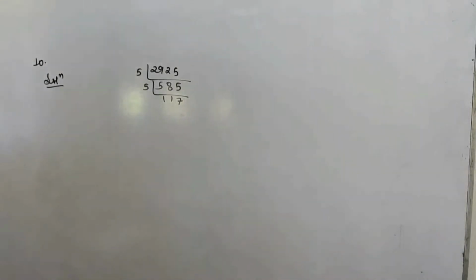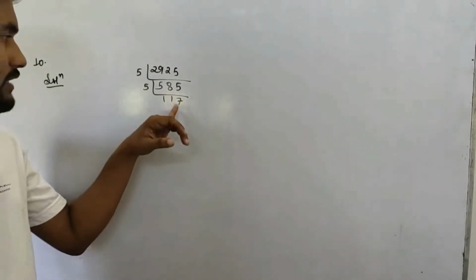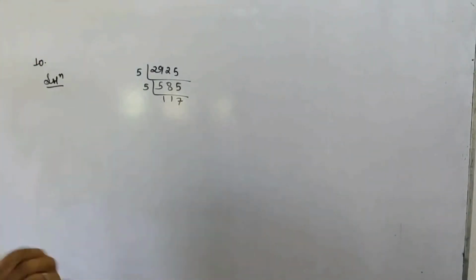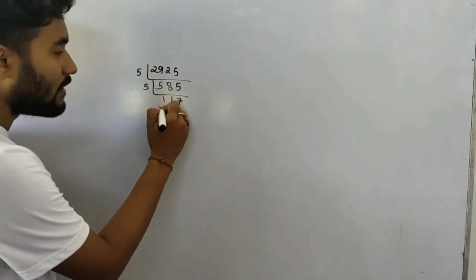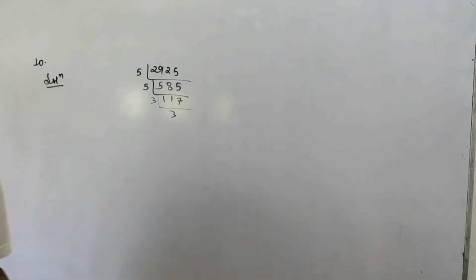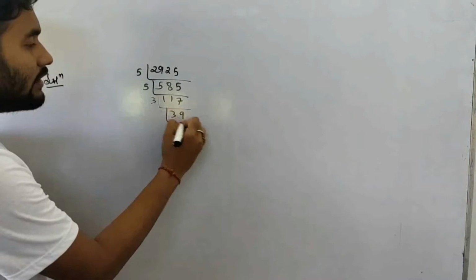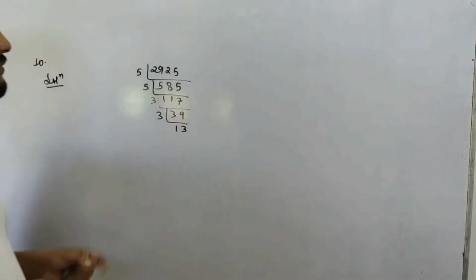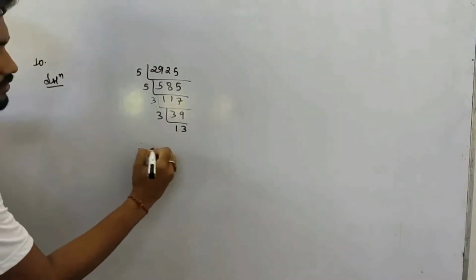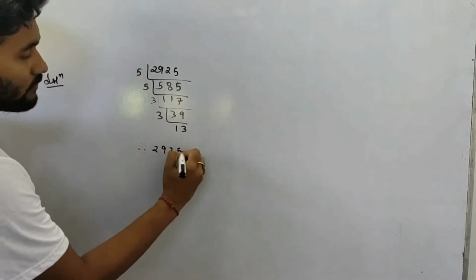But okay, if you don't know the table of 13, then also 7 plus 1 is 8, 8 plus 1 is 9. So 9 is divisible by 3, so this will also be divisible by 3. 3 3s are 9, 3 9s are 27, again 3 3s are 9. So same thing, 13 9s is what? 117. Got?